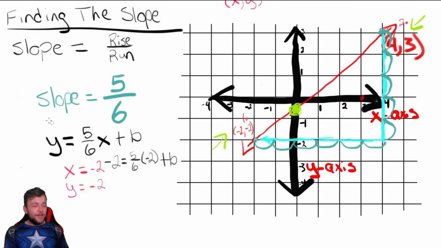We are trying to figure out what b is. That is our y-intercept, right? So b is going to be our y-intercept.